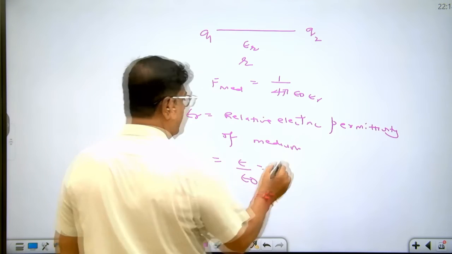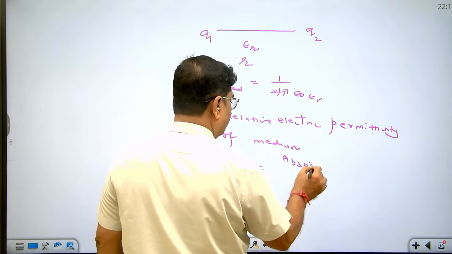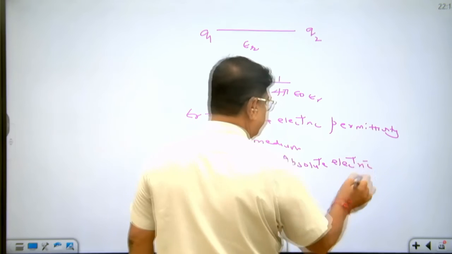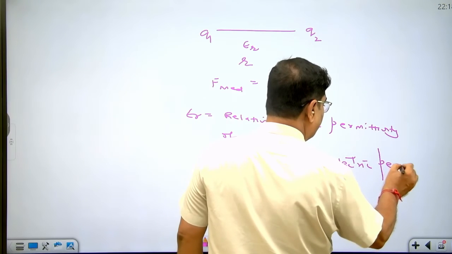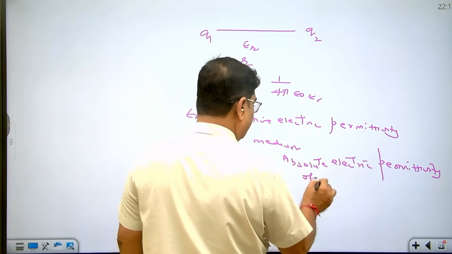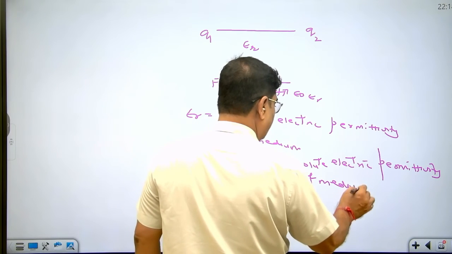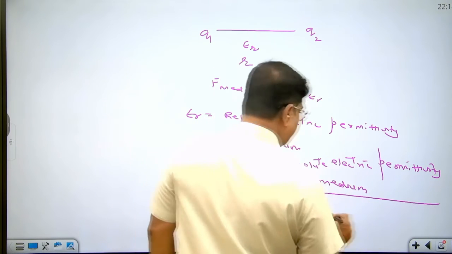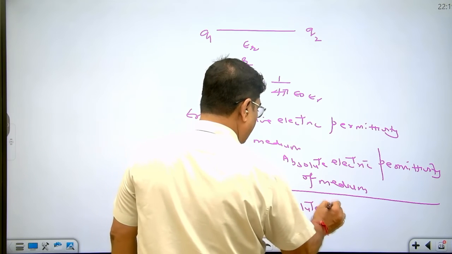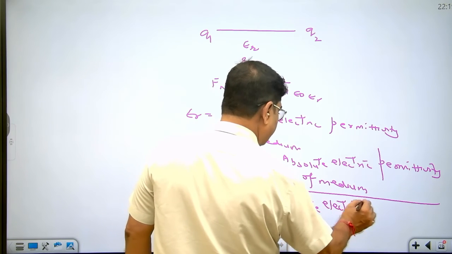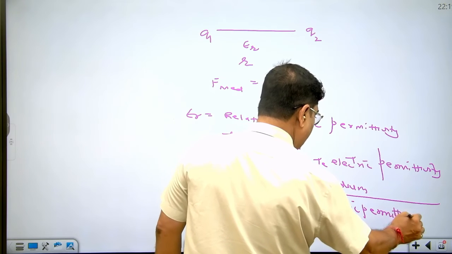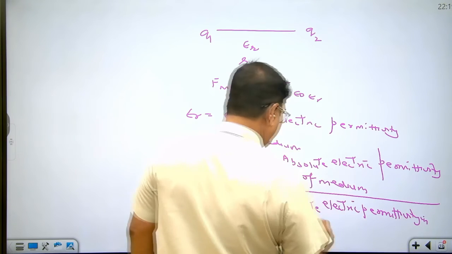What is epsilon? This is the absolute electric permittivity of the medium. And what is epsilon 0? This is the absolute electric permittivity in vacuum or air.